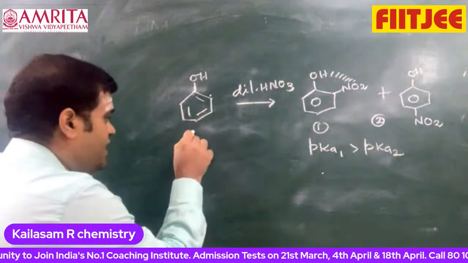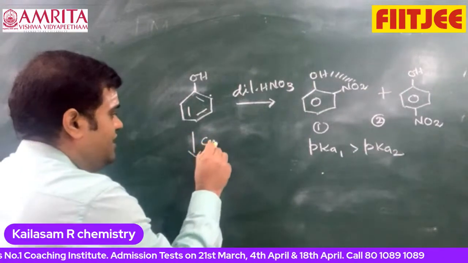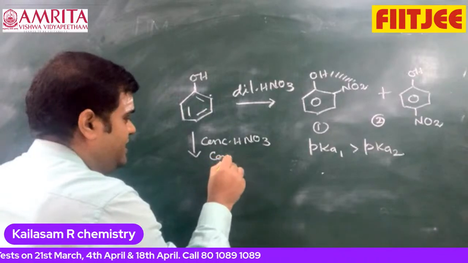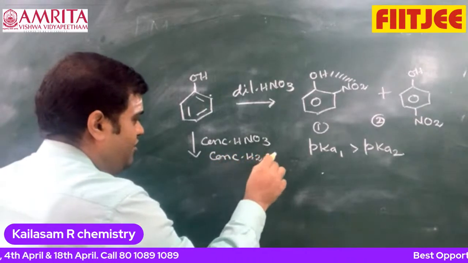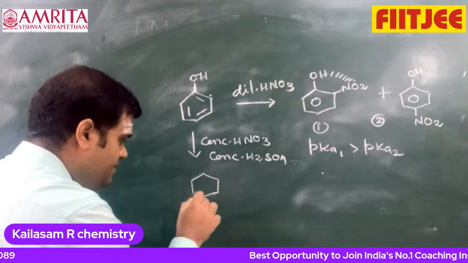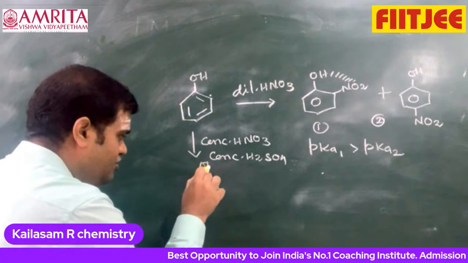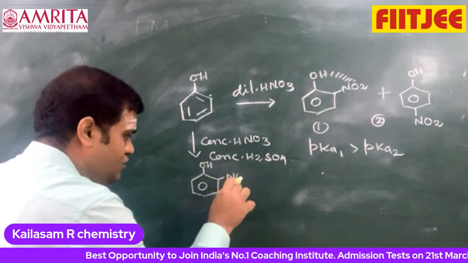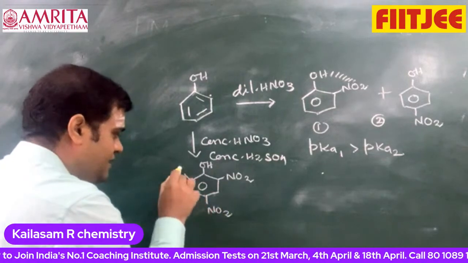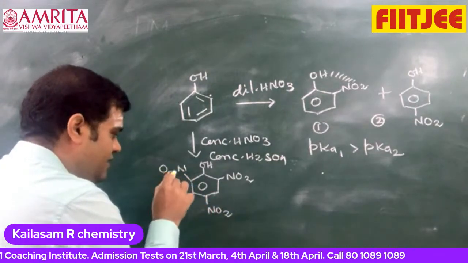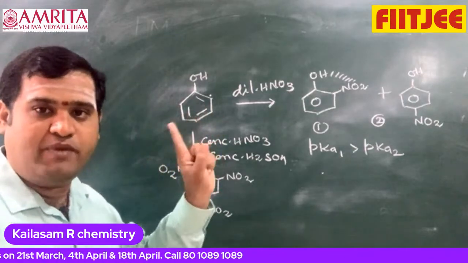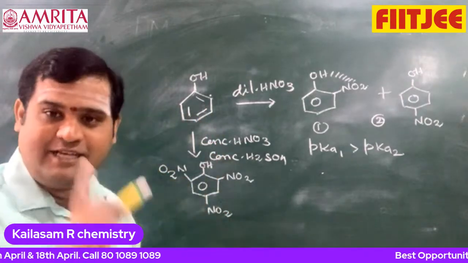Another important one: I am going to take conc. HNO3 and concentrated H2SO4. So what you are going to get is the very strongest acid, called picric acid. Please understand: phenol does not react with bicarbonate solution, but picric acid does.